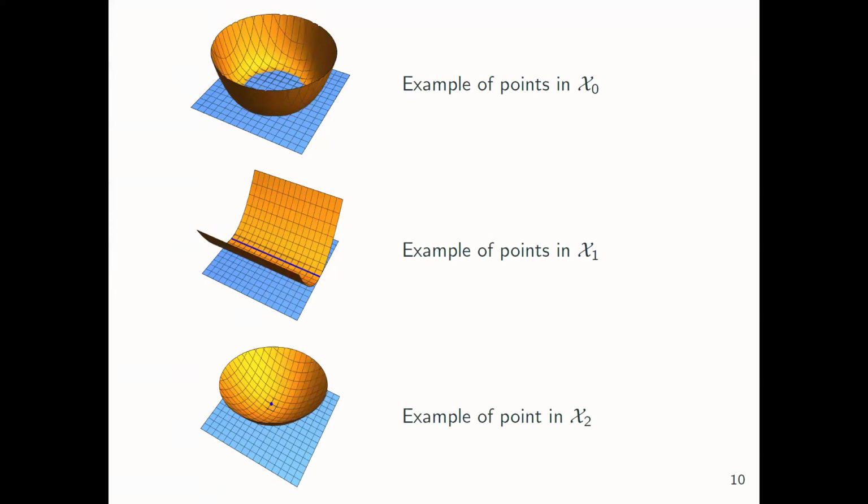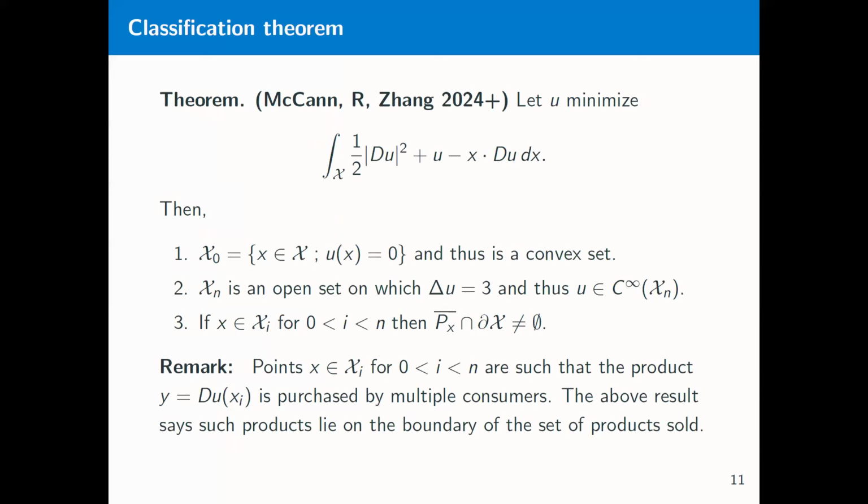So we want to understand each of these sets. These are going to be our coarsest classification of the behavior of the function. We take our minimizer u and we define each of these sets. I've phrased this theorem for n dimensions because this part of our theory works fine in n dimensions.